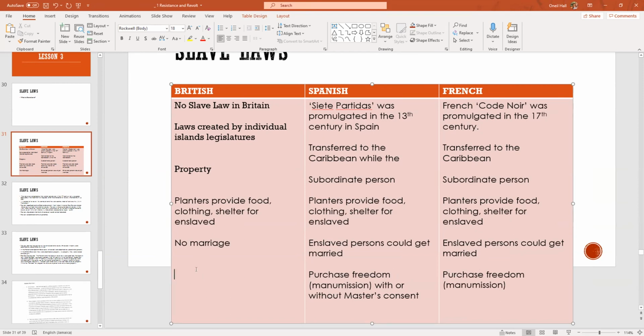Everybody is able to purchase their freedom, but there's something that is important, the last part here. So you had to purchase freedom with the master's permission? Very good.